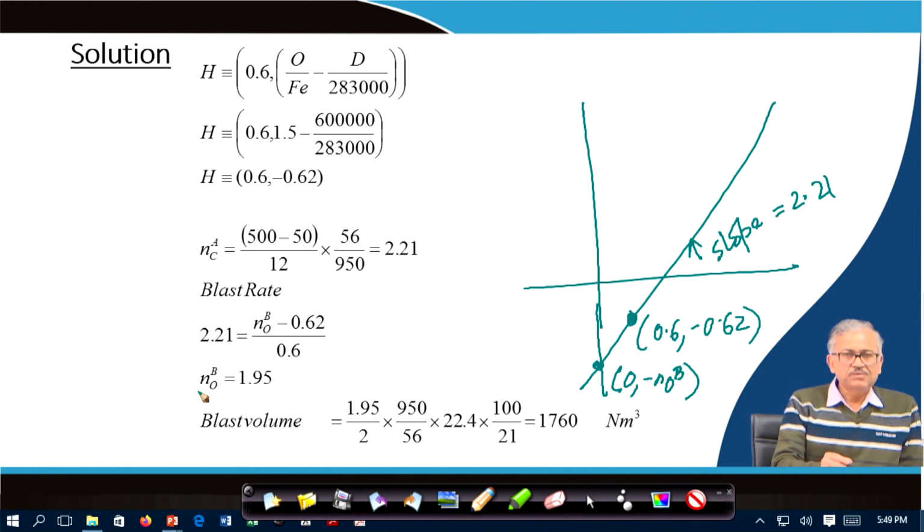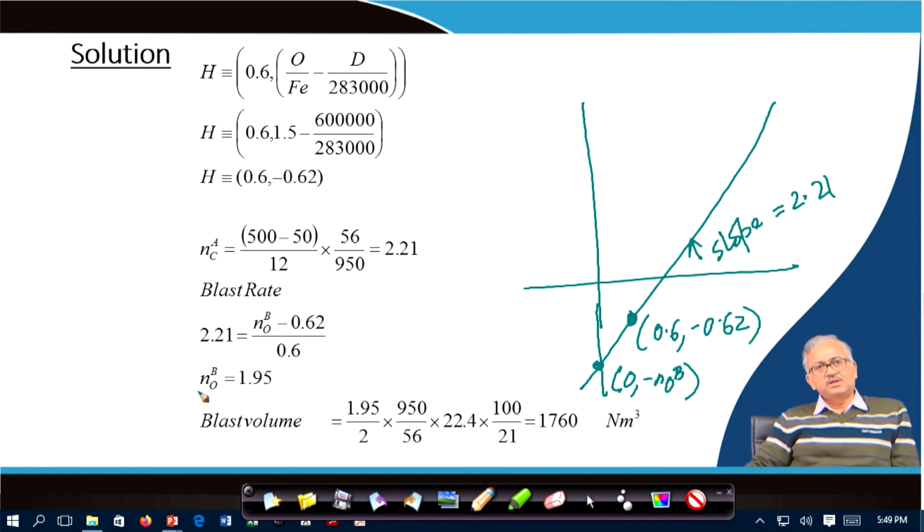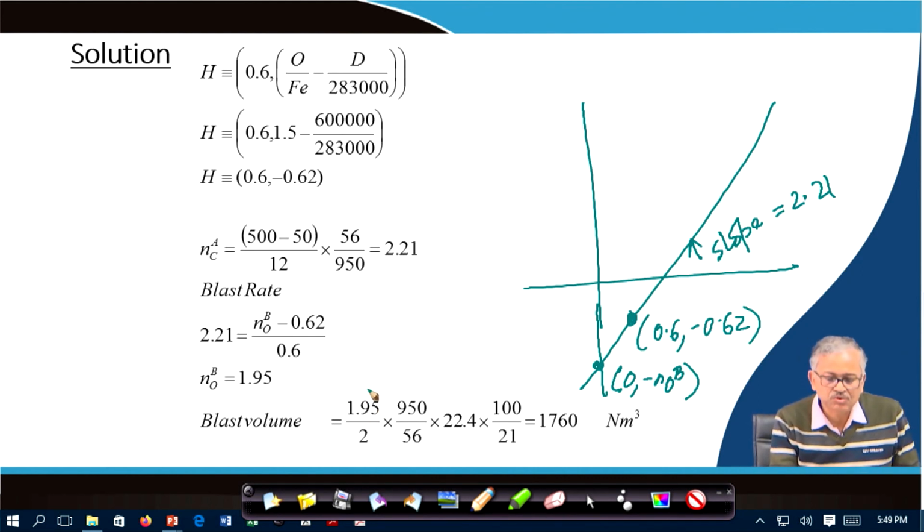So, blast rate means the gram atom of oxygen that is required from the air blast to produce 1 gram atom of iron, which is 1.95 that you have calculated. So, from there you can calculate the blast volume. 1.95 is the gram atom of oxygen required by the air blast, divided by 2, that is the kg mole of oxygen.